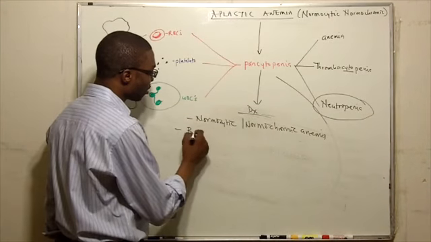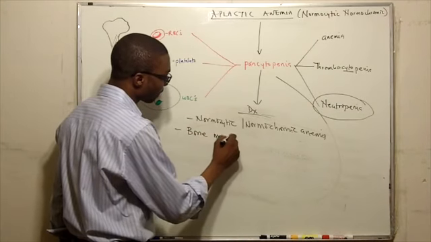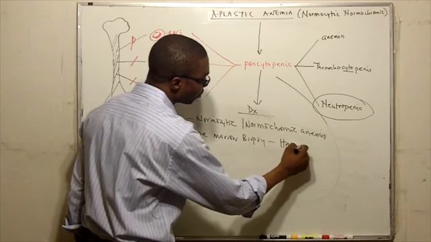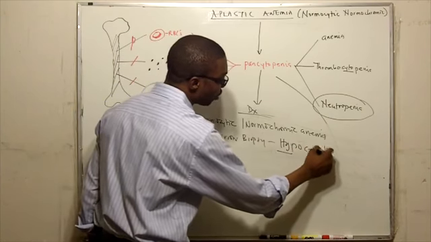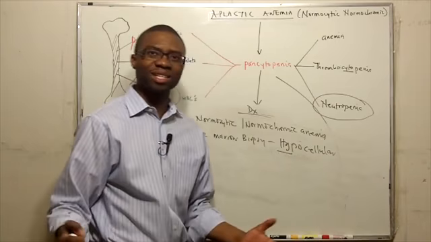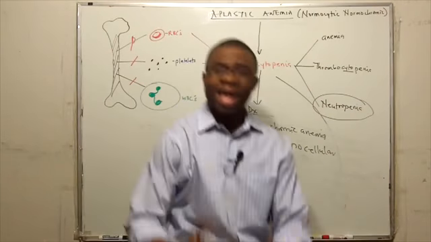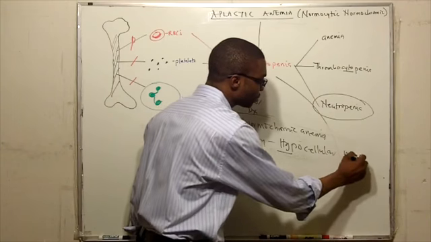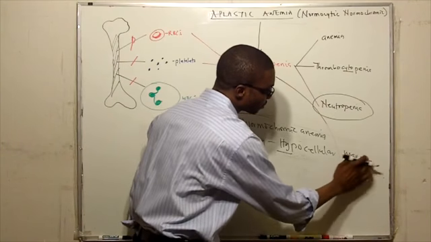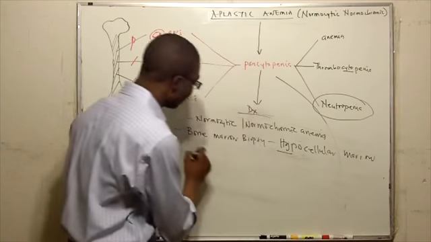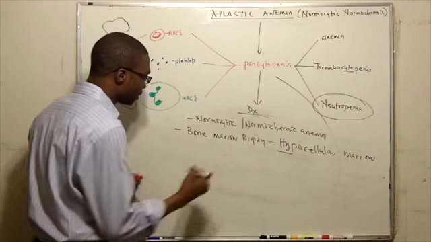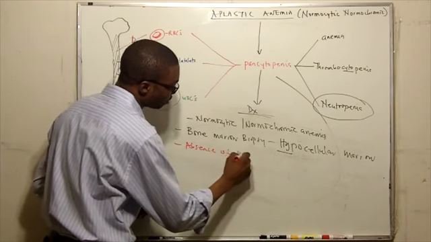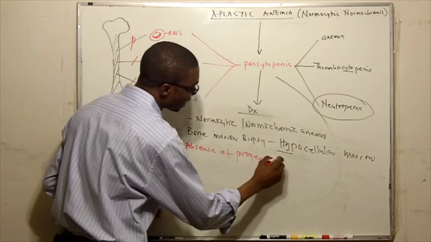So if you do a bone marrow biopsy, you see hypo, which means low cells. You see a low number of cells inside the bone marrow because it's supposed to be crowded with millions of them, and you don't even find enough of them. So it's a hypocellular marrow. That's what that means. And absence of the progenitor cells, which means the cell lines, right?